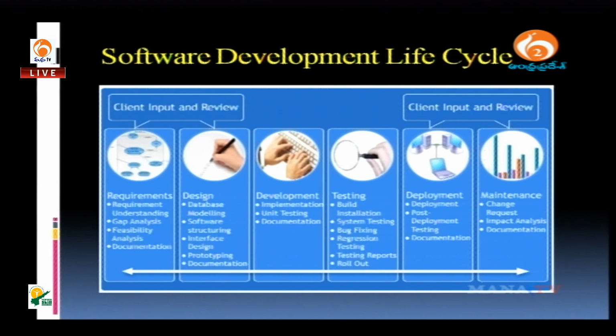Next, we will hand over to the testing team. The testing team will check our product. If there are any bugs during execution, they do installation and system testing. If any bugs are there, they send them back to the development team, and the development team will fix those bugs.